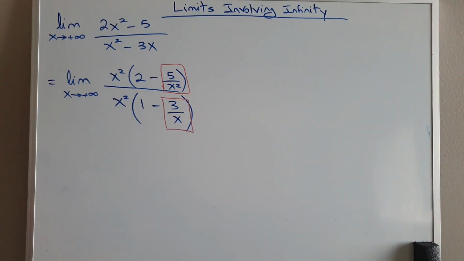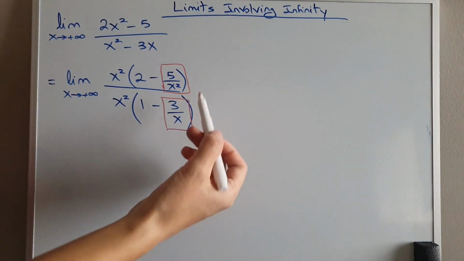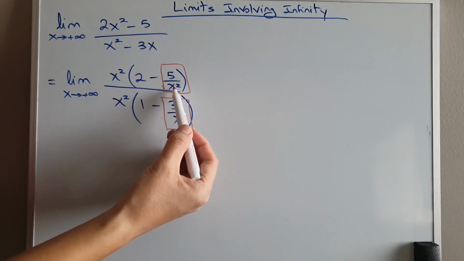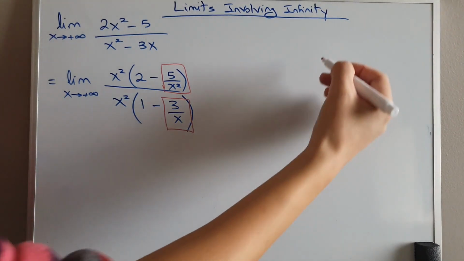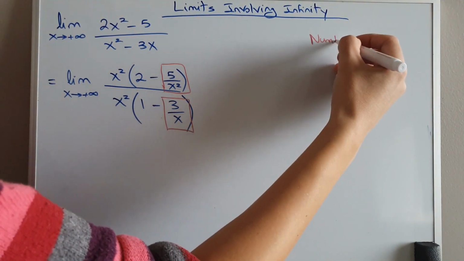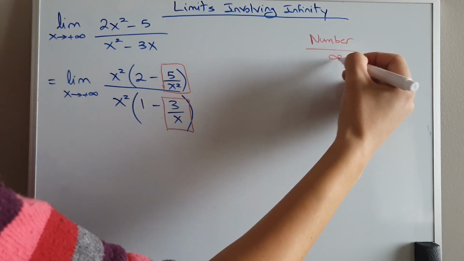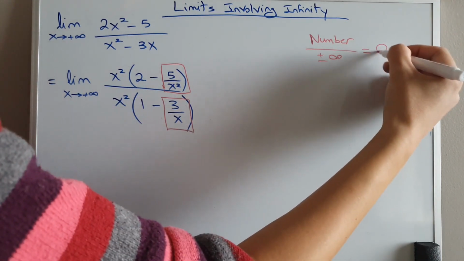If I actually replace here, this will be a number over infinity, or infinity squared, which is even bigger than infinity. It's another infinity. And we said a number divided by infinity, whether positive or negative, is 0.